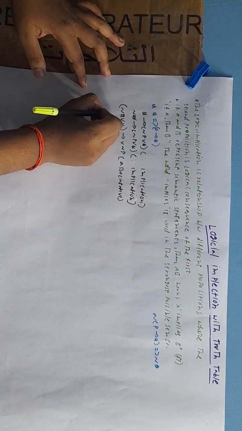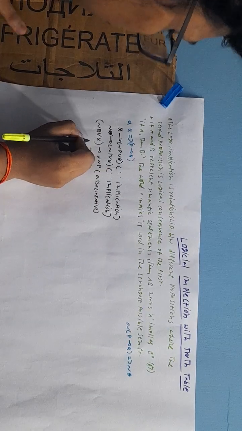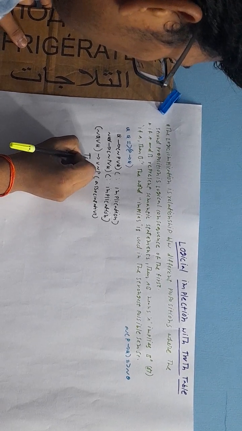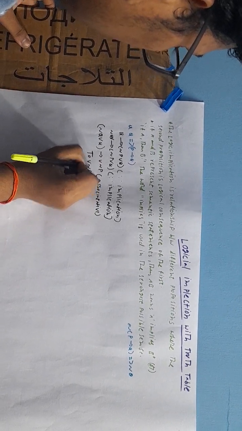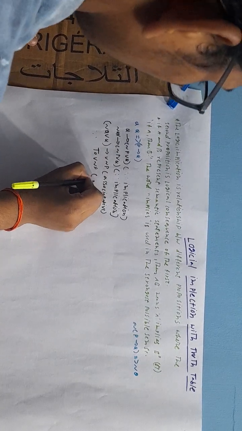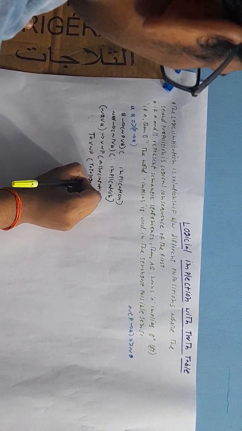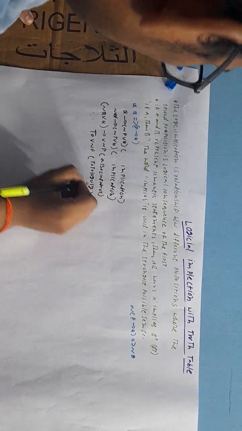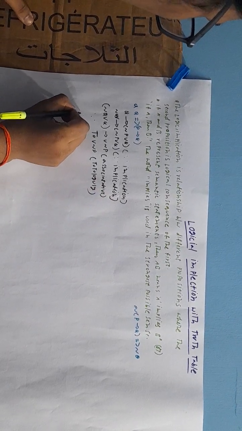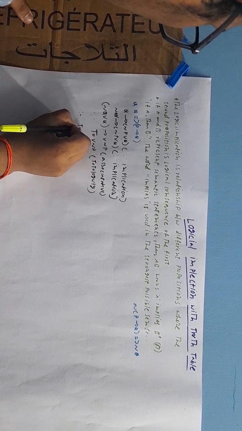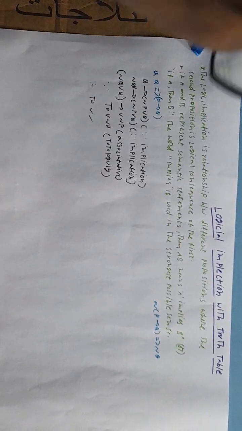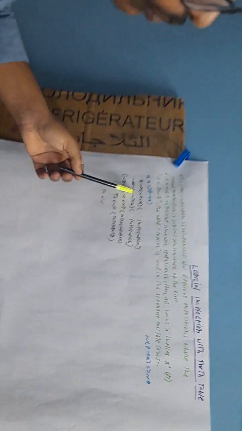Next, we have to write R negation of P. This is a tautology. Therefore, this is right. We have to show the implication using the truth table.